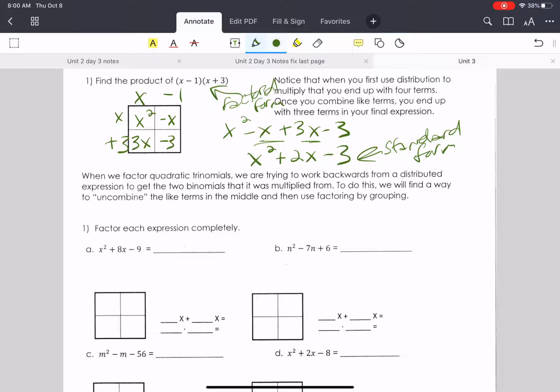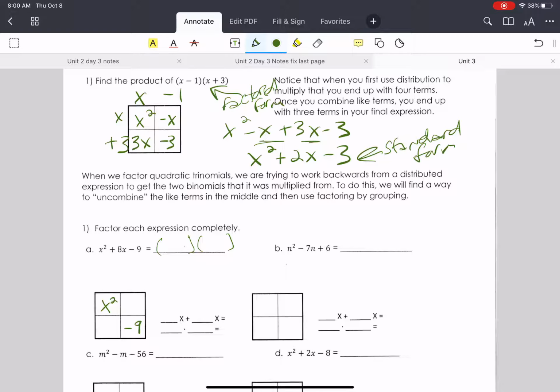So on this first one, I know I can stick the x squared here and the negative 9 here. I'm trying to figure out right now what the 2 parentheses are, okay? But the problem is that for the 8x, I don't know which box it should go in and what to put in the 4th box.